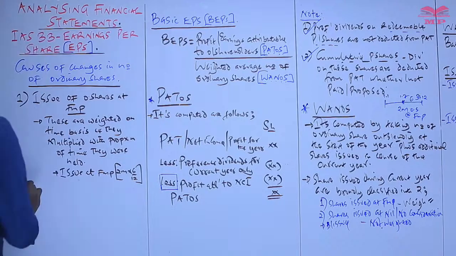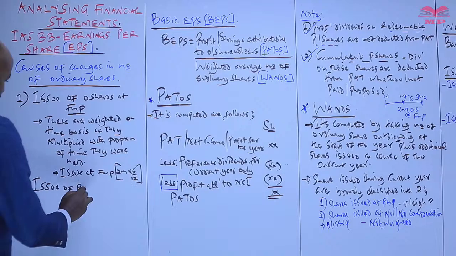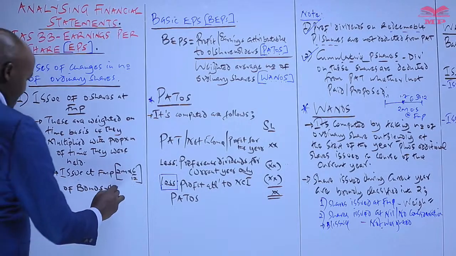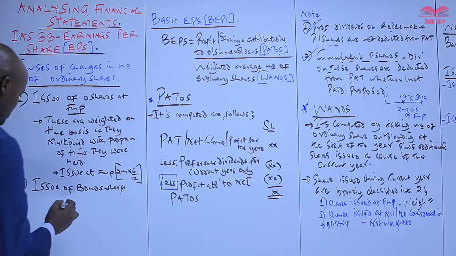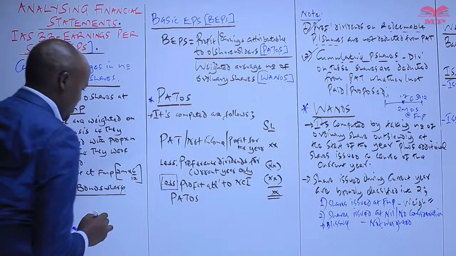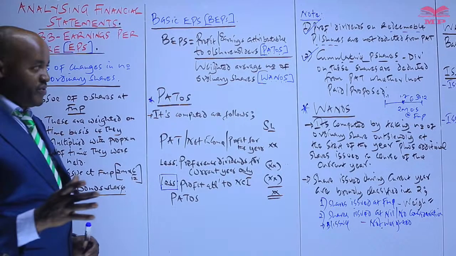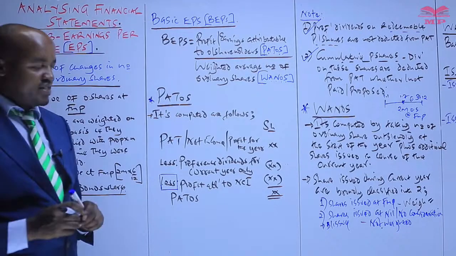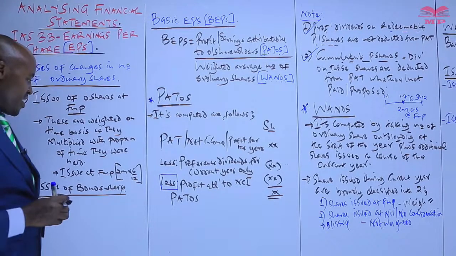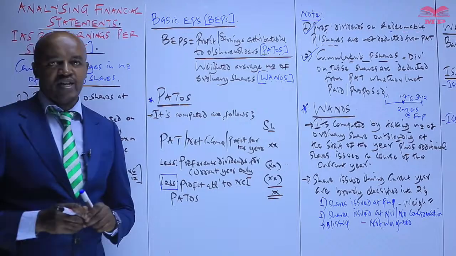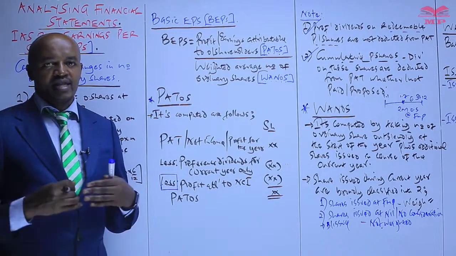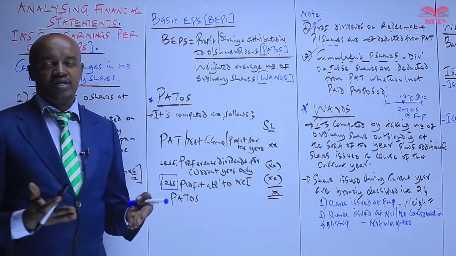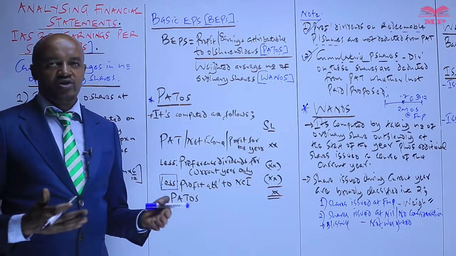So number 2, we have issue of bonus shares. Bonus shares are those shares which are issued to the existing shareholders of the company, but free of charge. Those shares are assumed to have been issued at the start of the year simply because the company does not receive any additional resources, any amount of money.